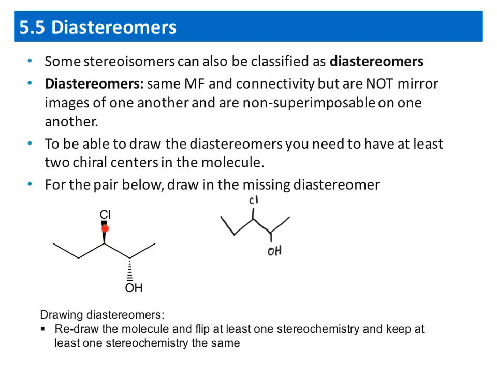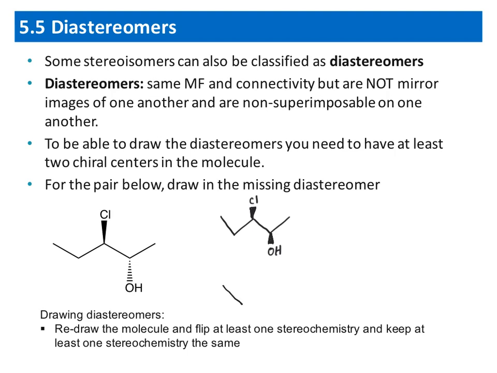So, this one is in wedge, chlorine is in wedge, so I want to keep this one the same, and I'm going to flip the OH. So this one stays the same, and I'm going to flip the OH. So OH is in wedge right now. Now I can do it actually in the other way.